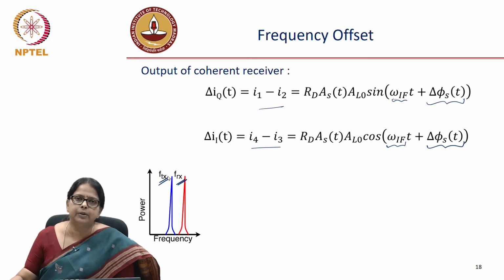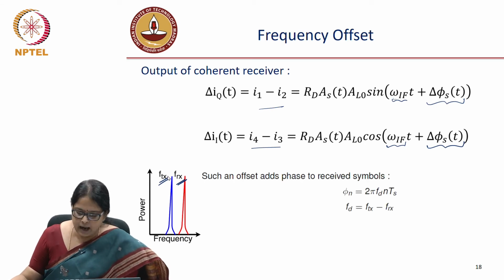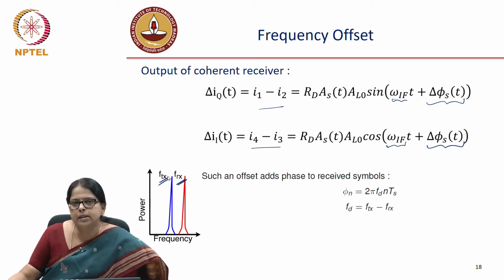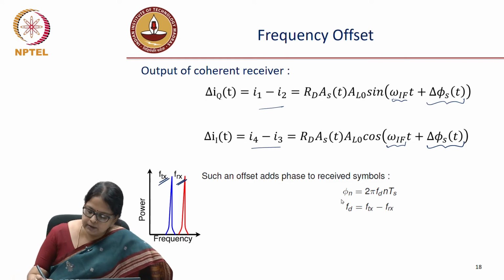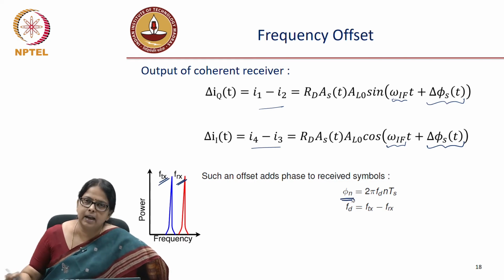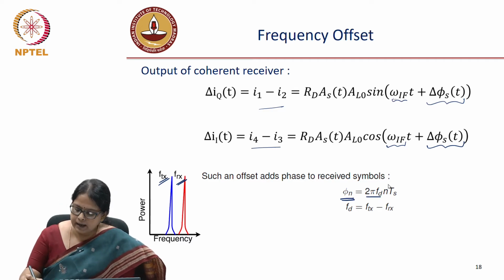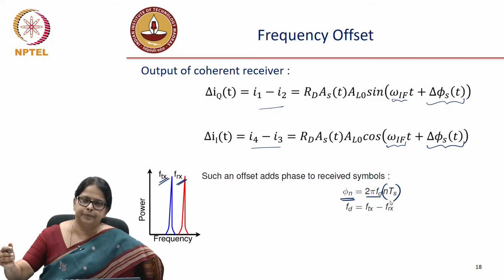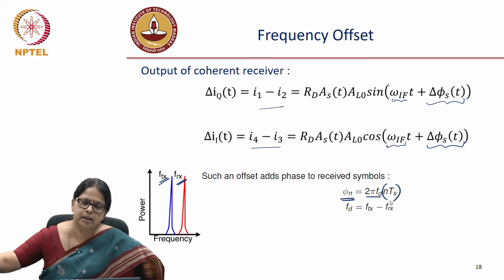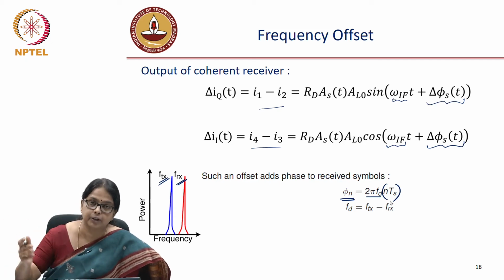So, there is always a frequency offset in the system. What is the consequence of having the frequency offset? It will keep adding a phase in every symbol point, and that phase is quantified by 2 pi times the frequency times the time, because that is the phase accumulated as a function of time.